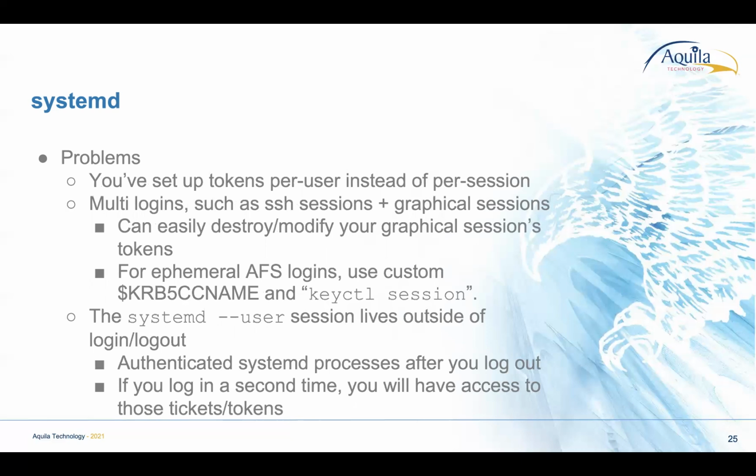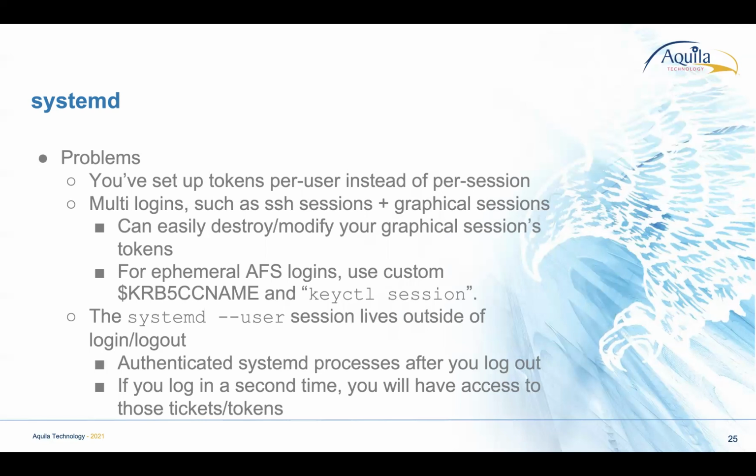Now that you've got this working, you've got a problem. You've set up tokens as a per user feature and not a per session. And if you actually log into a system multiple times, either through SSH sessions and graphical sessions or some other process, it's possible that you could destroy your tokens or Kerberos tickets in one session and cause the other session to have problems.